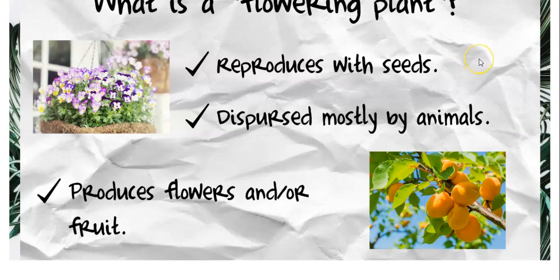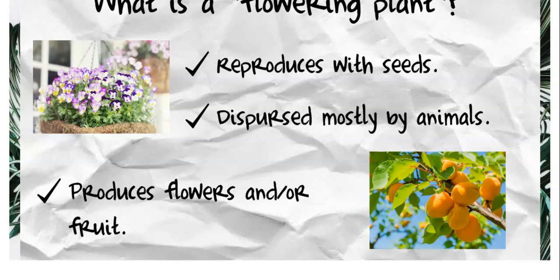What is a flowering plant? A flowering plant reproduces with seeds. It is dispersed mostly by animals. So that means that those seeds inside of those plants are dispersed, or given out, or taken to a new area by animals.